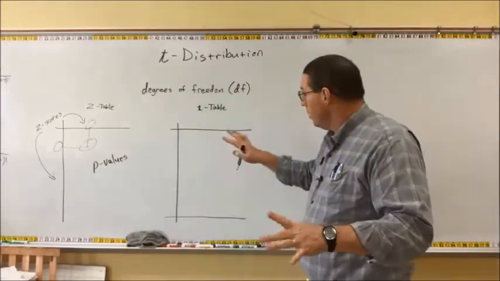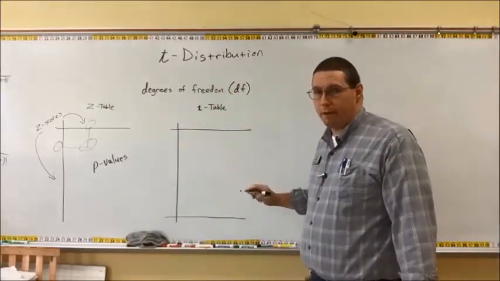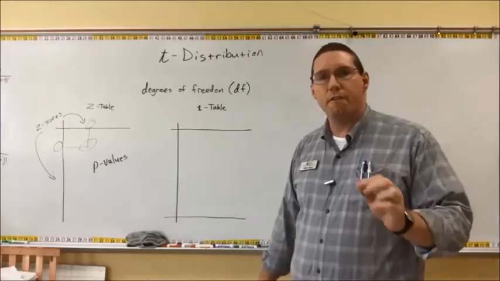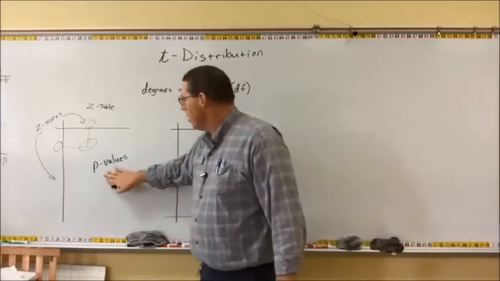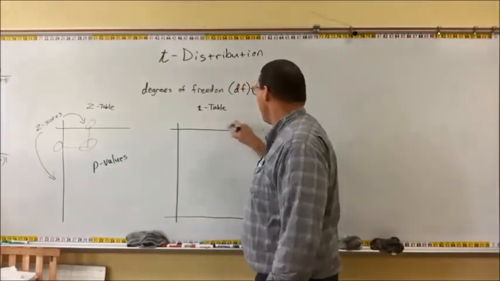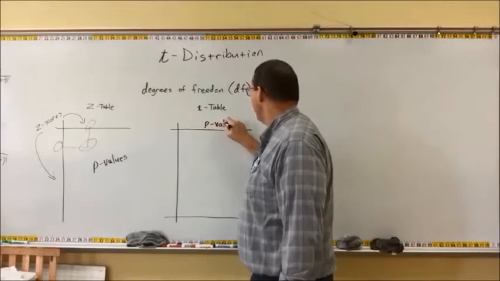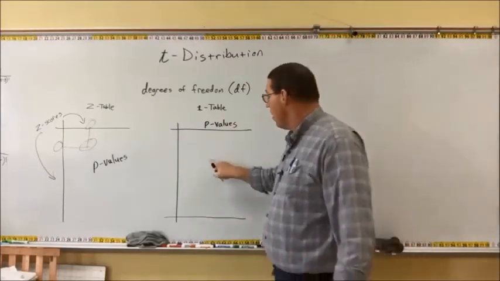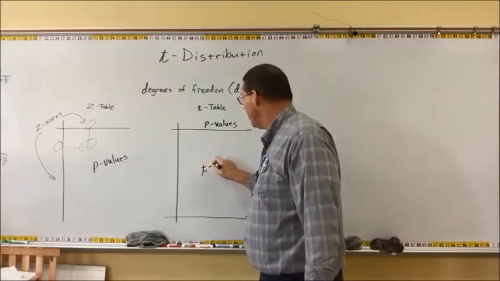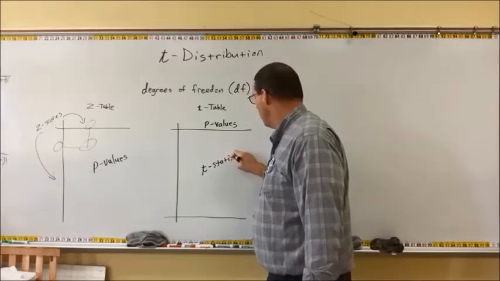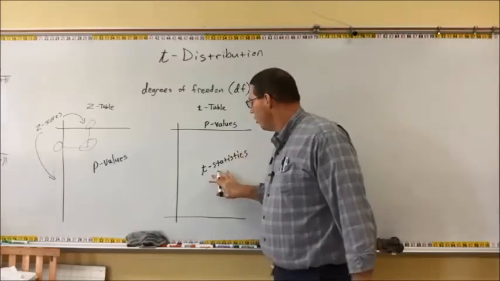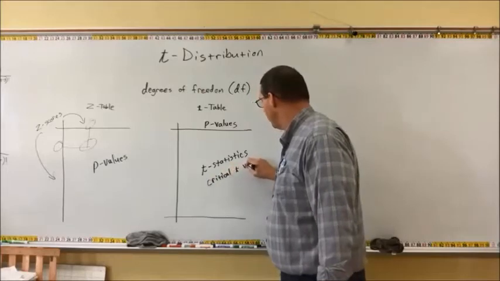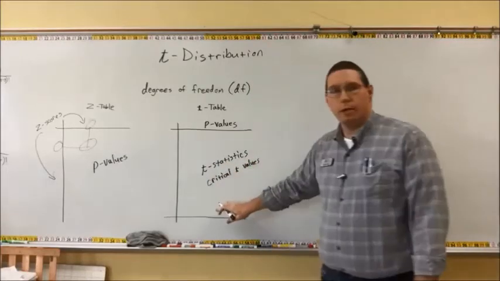Now, in a t-table, it's a little bit different. In a t-table, you only have a select few p-values. The p-values are actually listed across the top. The p-values are up here, and then your critical values, the t-statistics, or the critical t-values, are in the middle here, okay?